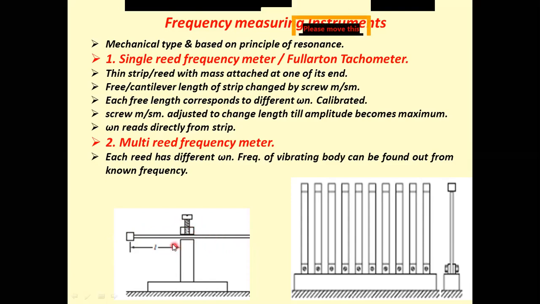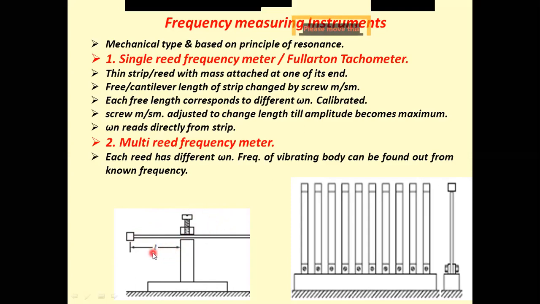Each free length of the strip or reed corresponds to a different natural frequency, because we know the natural frequency Fn is 1 upon 2 pi times the square root of g by L. Here g is the gravitational acceleration and L is the length.